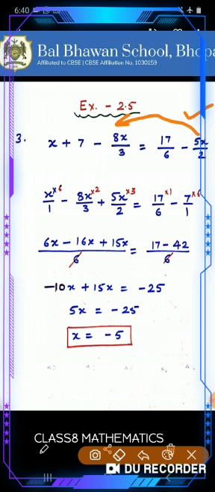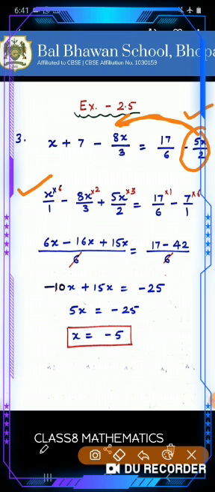So we will write down x upon 1. Why did I write upon 1? I will explain later. First we will see the terms written on the left hand side. So x upon 1 minus 8x upon 3, which was already on the left hand side, plus 5x upon 2. This term is transposed to the left hand side, so now it is plus 5x upon 2.